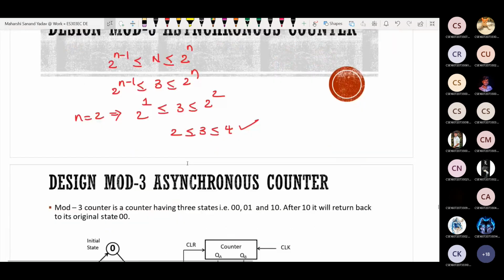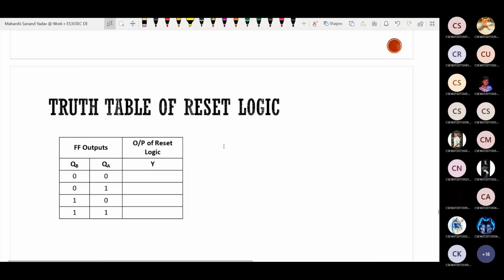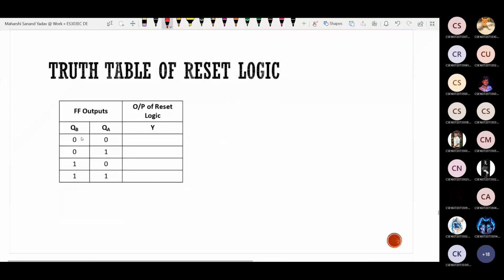Let me explain one concept so that you will do the rest. 0 0, 0 1, 1 0, 1 1 are there. Do you want output for 0 0? Yes. For 0 1 also I want. For 1 0 also I want. Whereas for 1 1 I don't want the output. I want to reset, so at this point you put 1.